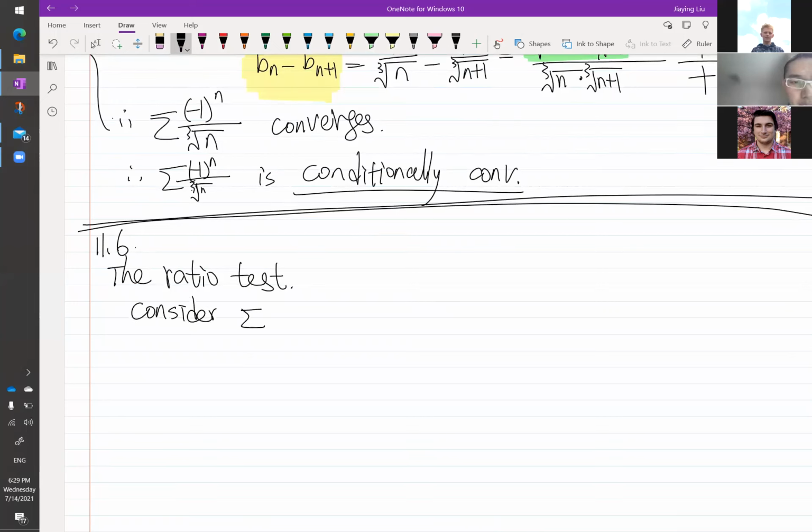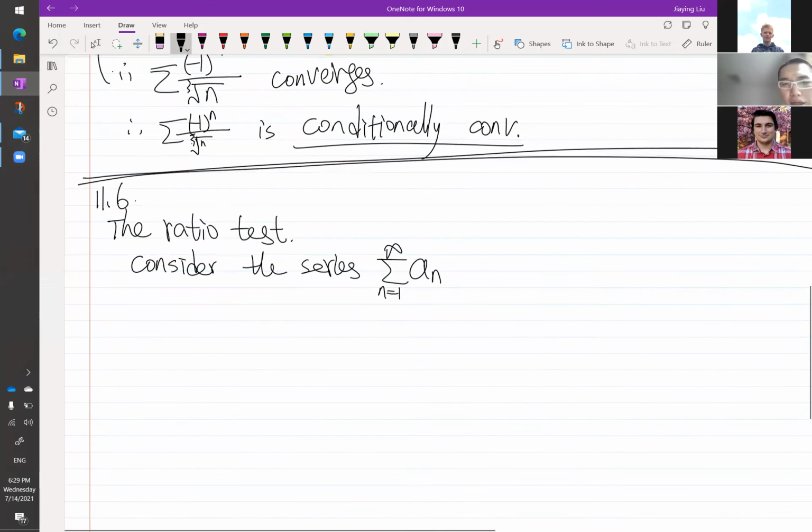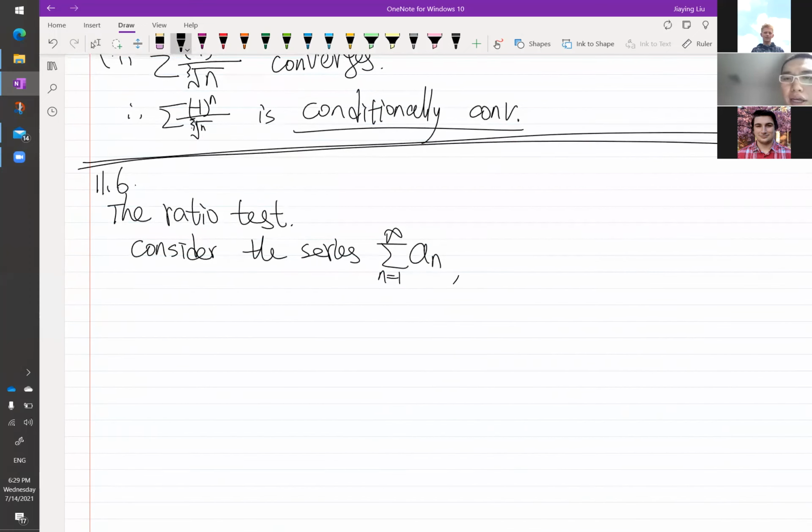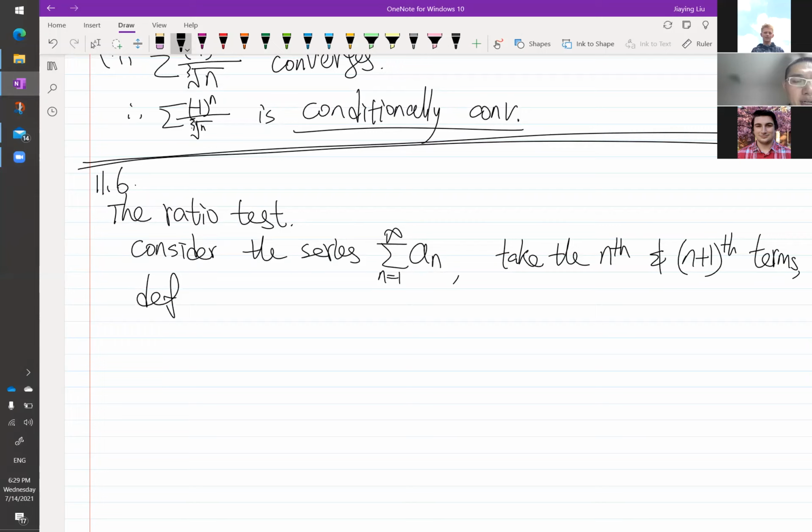Which says, consider the series an for n from 1 to infinity. We're going to take two terms from here, the nth term and the (n+1)th term, and then define a constant L. We define L as the limit as n goes to infinity of the absolute value of a(n+1) over an.